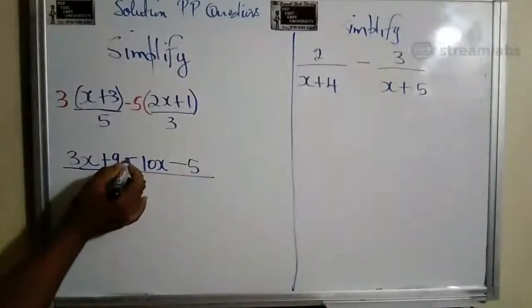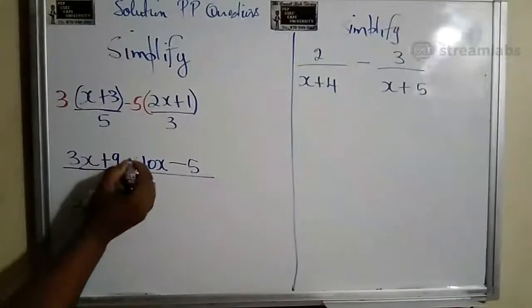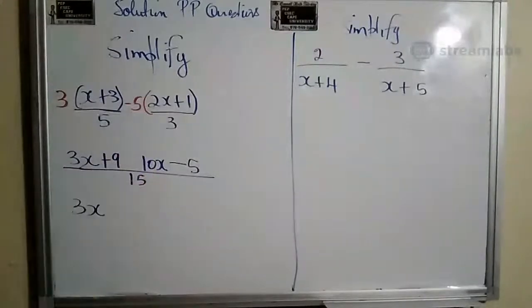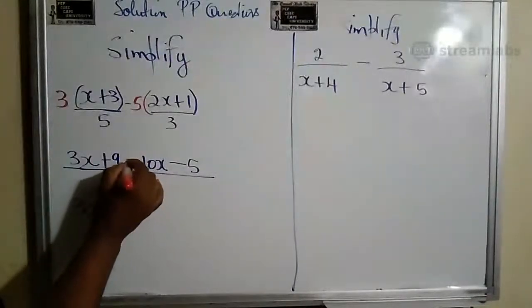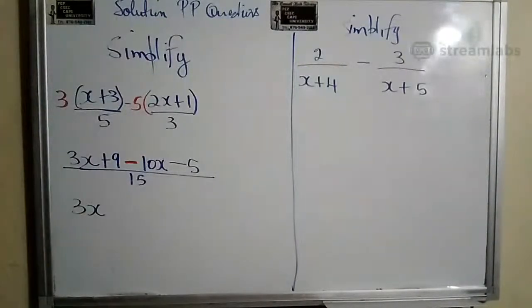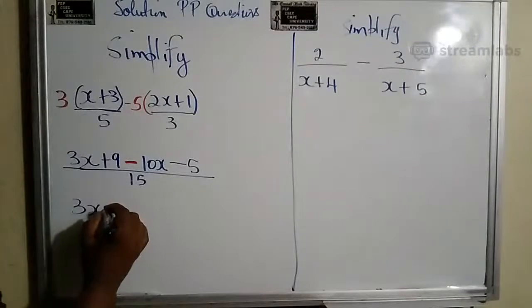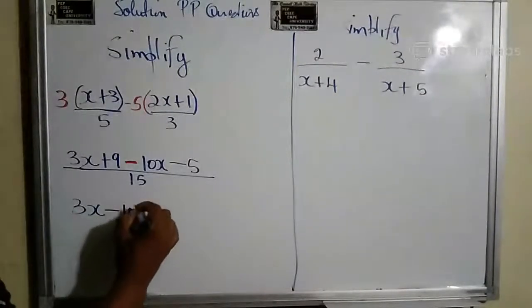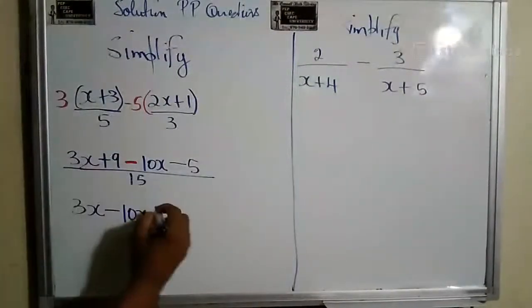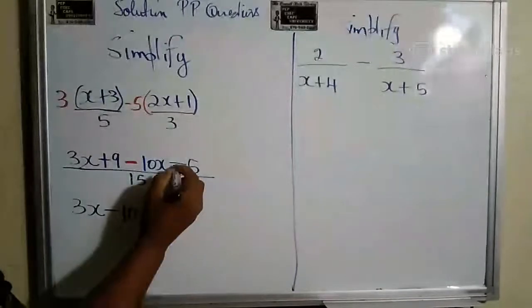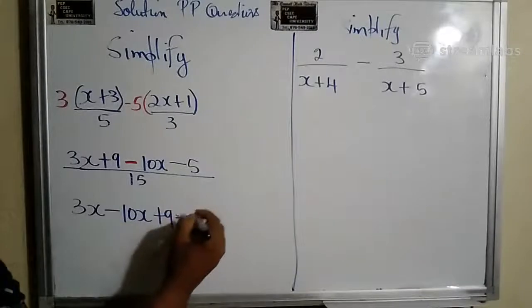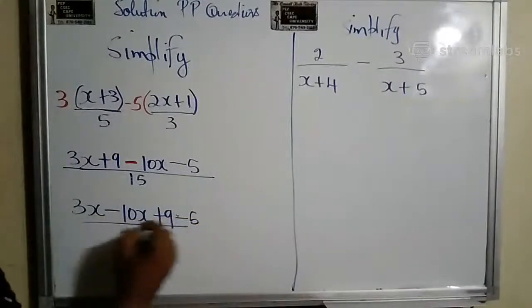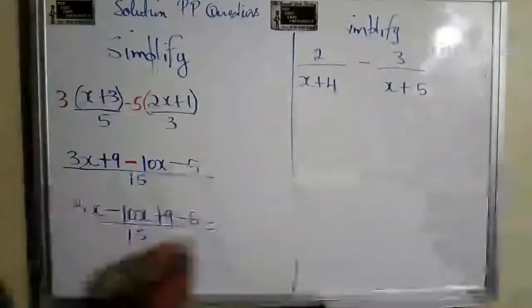But remember, there's a negative in front of it, so you must maintain this negative sign right here. Very important. Then this is a plus 9, so we put plus 9. This is a minus 5, so we put minus 5, over this 15.